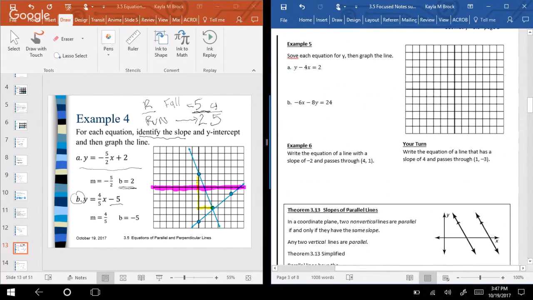We're just graphing the lines. As you can see, this is in y equals mx plus b format. We have the y, we have the x, we have the equal sign, and then we have our constant, which is the b, the number 2. In order to get the negative 4x by itself, what we do is we add 4x to both sides of the equation. And we'll get y equals 4x plus 2.